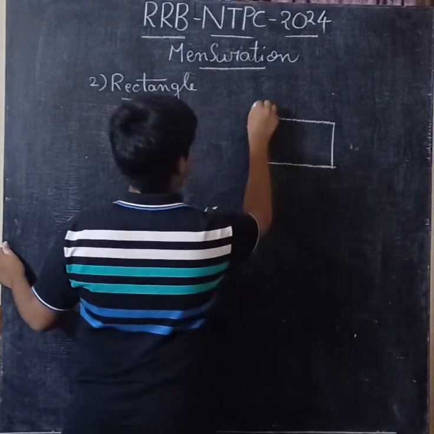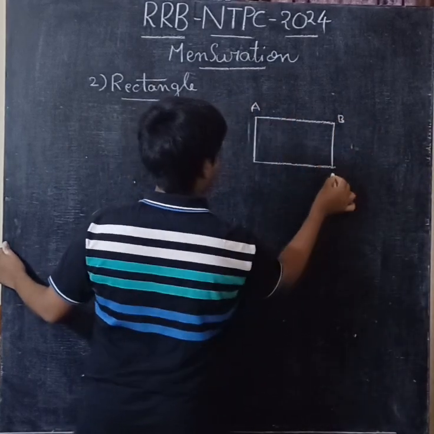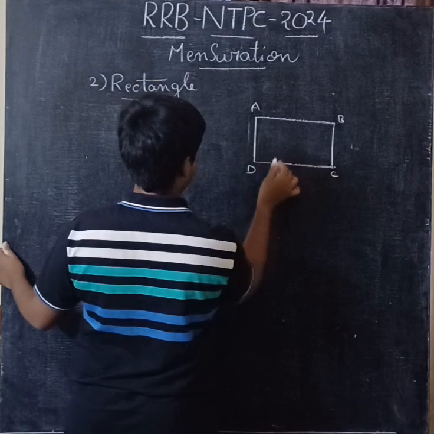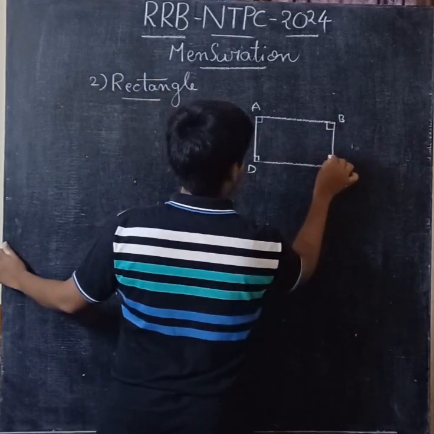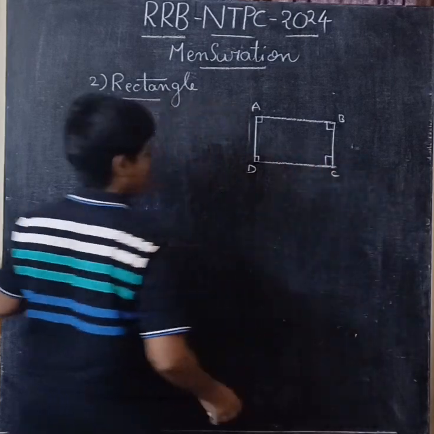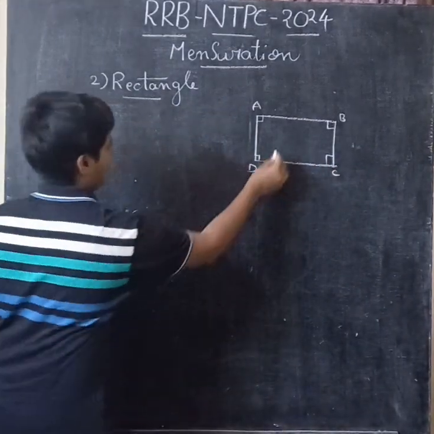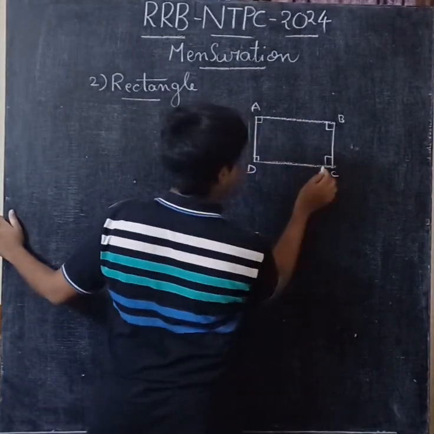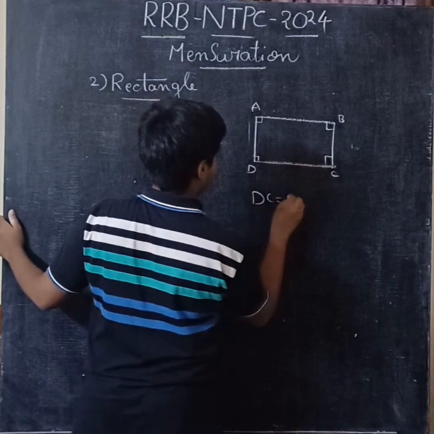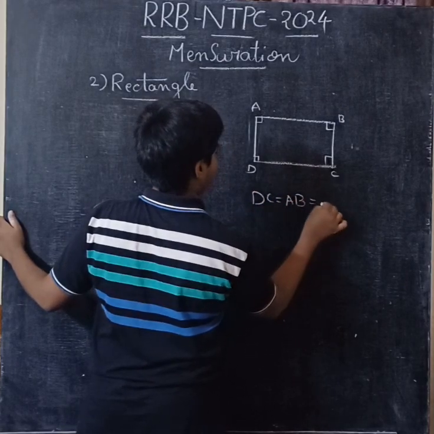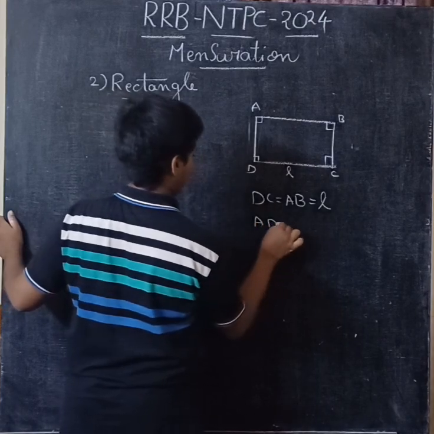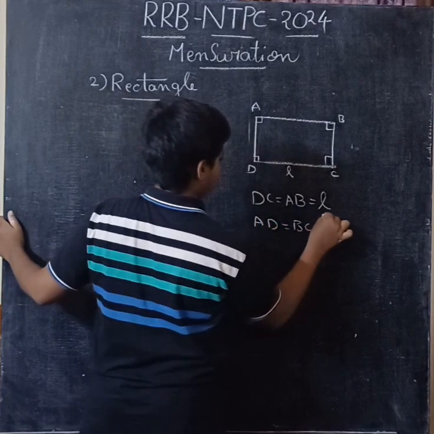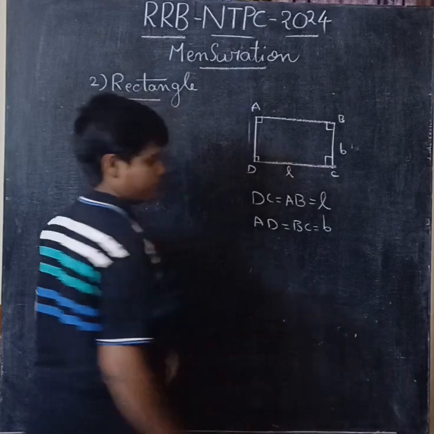So this is rectangle ABCD, and the angle between two sides is 90 degrees. Here DC equals AB. I am taking this as length, and AD equals BC equals B, breadth.